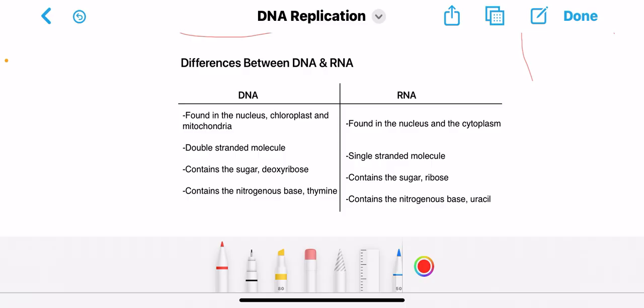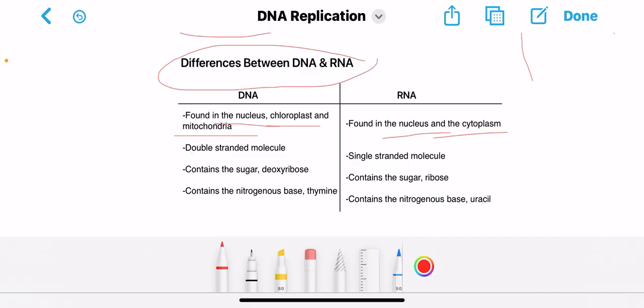Now, you must know these differences between DNA and RNA. DNA is found within what? The nucleus, chloroplast, and what? Mitochondria. However, the RNA is found in the nucleus and the cytoplasm only. But DNA is also found where? In mitochondria.